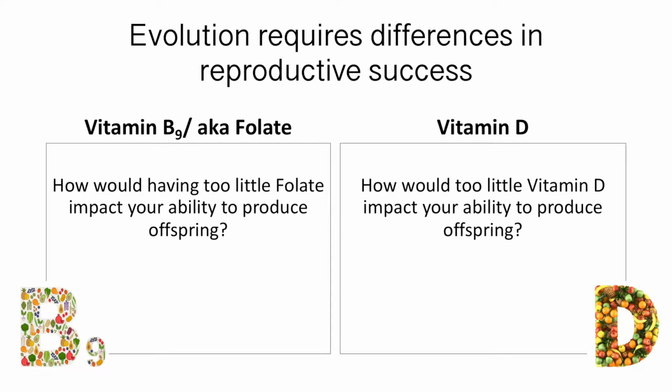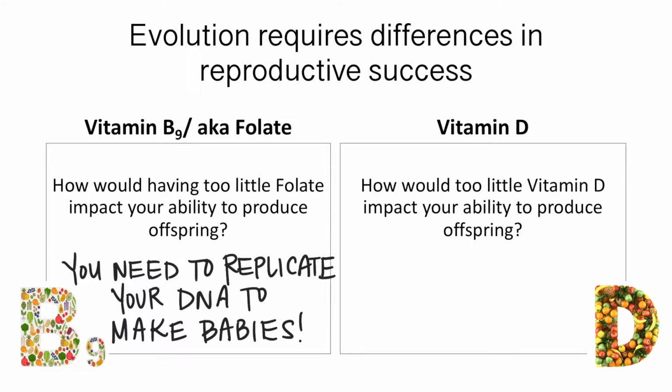So if you recall, we said that vitamin B9 or folate is really important for DNA replication. You could imagine that when you're growing a baby, you're going to need plenty of folate because during that time, the baby and you are going to be constantly synthesizing new DNA.